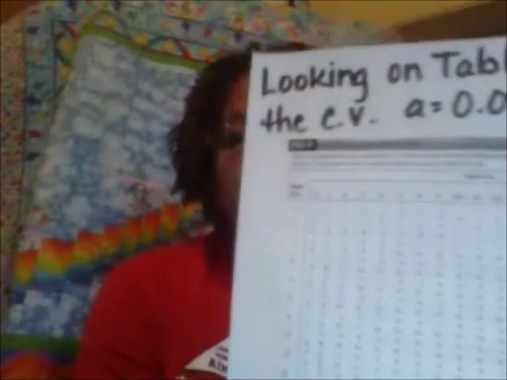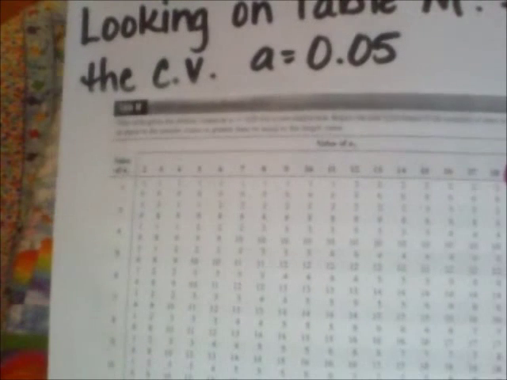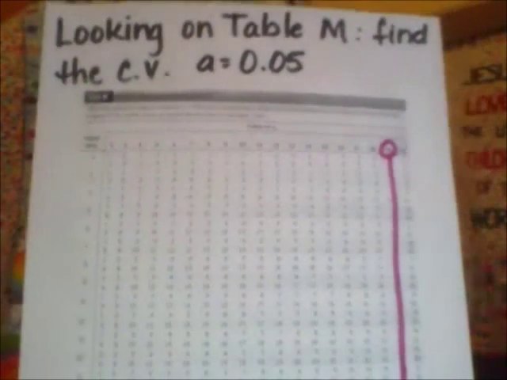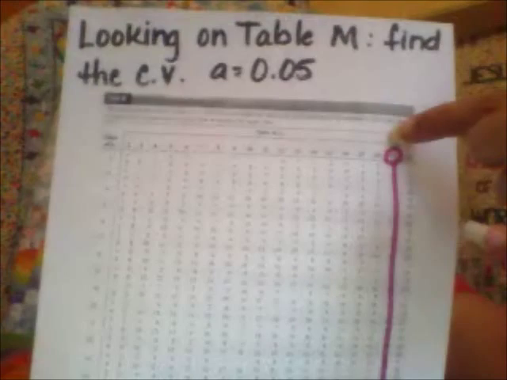Once we get all of that information, we look on table M to find the critical value at 0.05. In table M, our n sub 1 is here in the far right corner, and our n sub 2 is at the top.